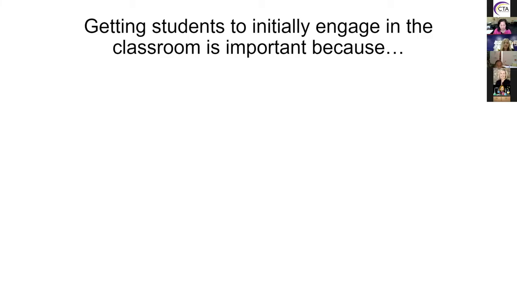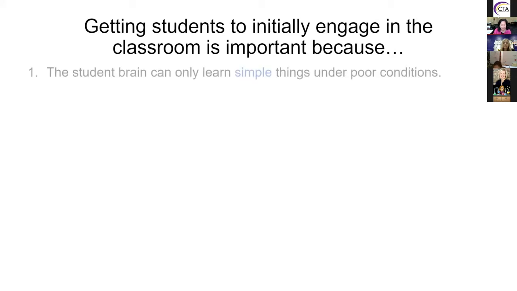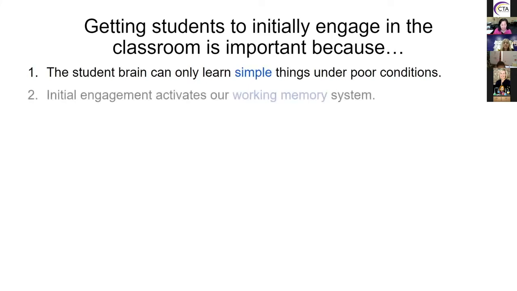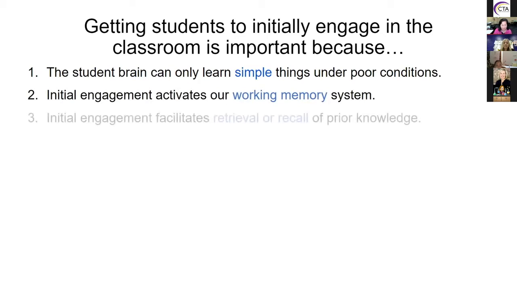All right. Getting students to initially engage in the classroom is important because the student brain can only learn simple things under poor conditions. Initial engagement activity activates our working memory system. Initial engagement facilitates retrieval or recall of prior knowledge.